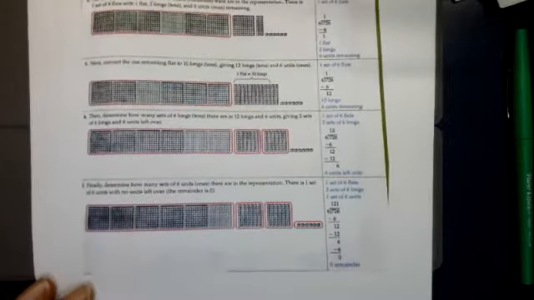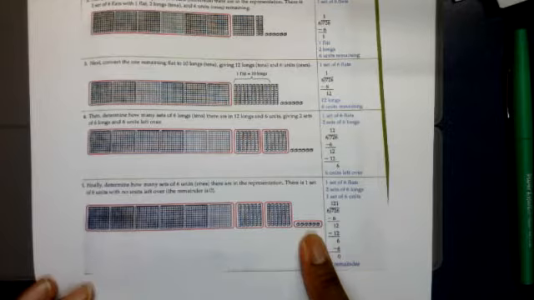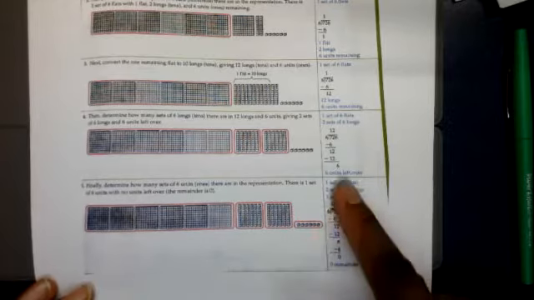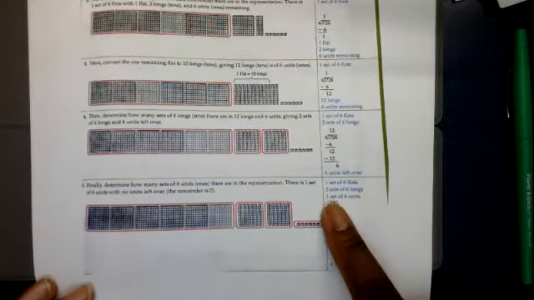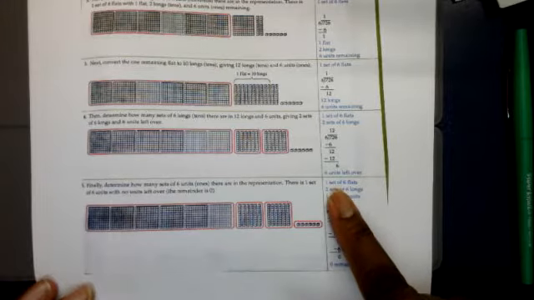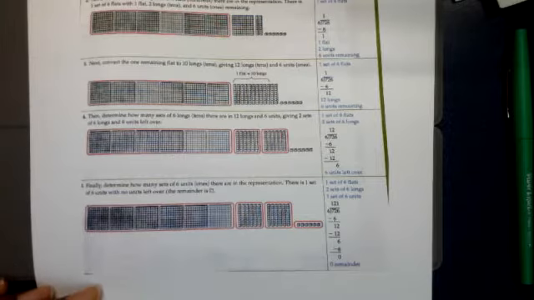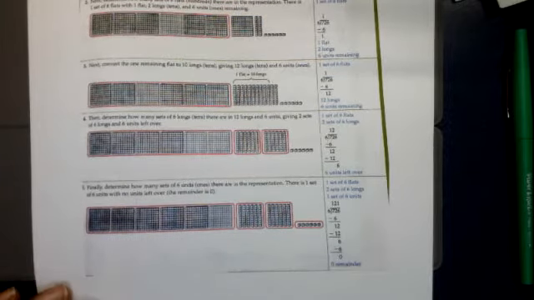And then finally we'll determine how many 6 units or 1s there are. If we group these, we only got 1 group of 6 unit pieces. 1 set of 6 flats, 2 sets of 6 longs, 1 set of 6 units. That's 1, 2, 1, or 121. And we do have a remainder of 0. So that's how we use base 10 blocks to divide.